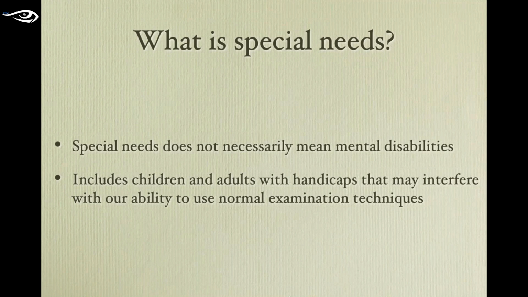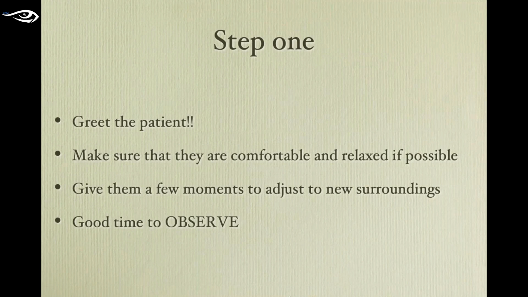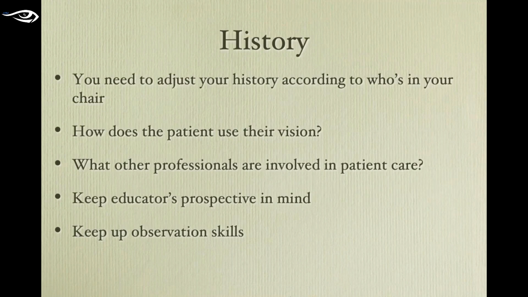So my examination for kids with autism, especially older kids, is I do what I call a remote examination. And what that means is I keep as far away as I possibly can from the exam itself. In other words, I try to do things at a distance. Why? Because you never know when the child is going to get stimulated and explode and jump on you and hit you and beat you.